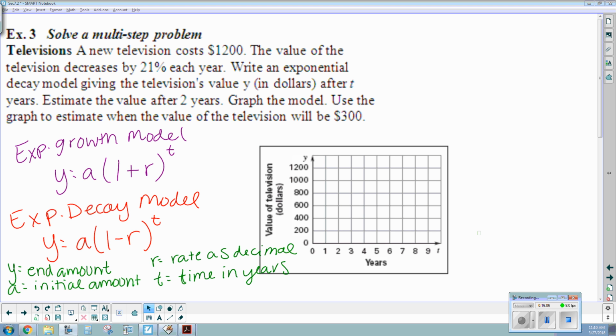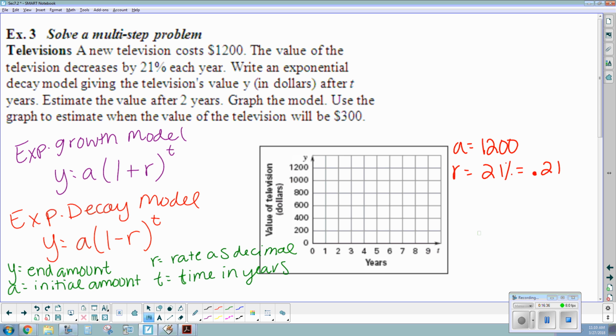So for this particular example, if we're going to write an exponential decay model, where our model is y equals a times the quantity 1 minus r to the t power, in this example, our a is the initial cost of the television, which is $1,200. Our r is 21%, which is 0.21.